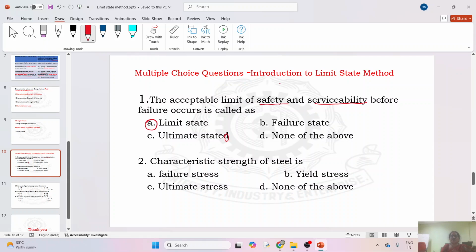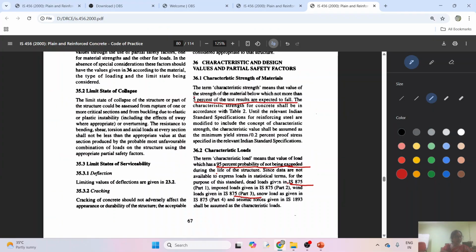The characteristic strength of the steel is, for mild steel, equal to the minimum yield strength of the steel, or for HYSD bars it is taken as 0.2% proof stress.